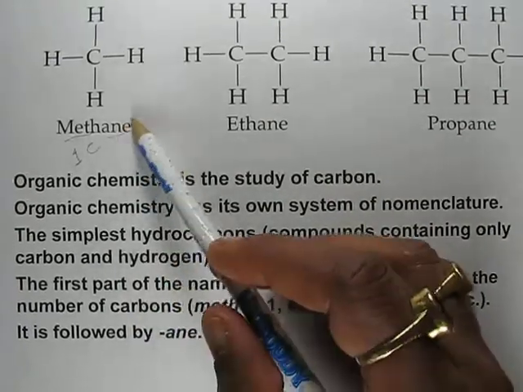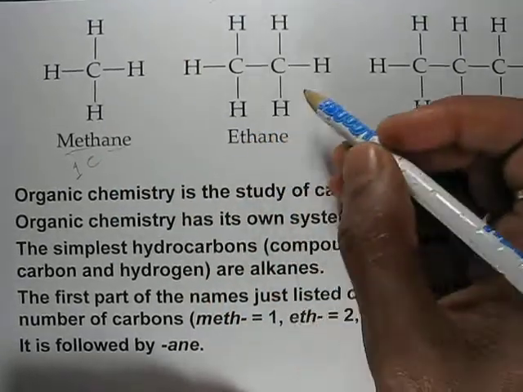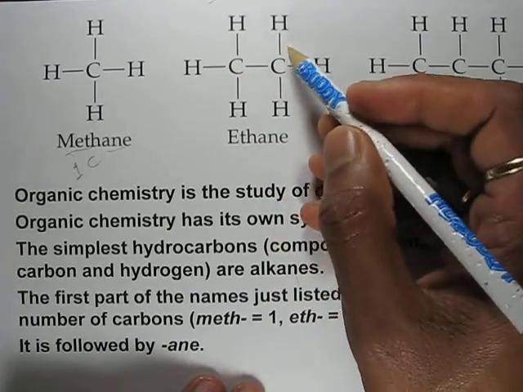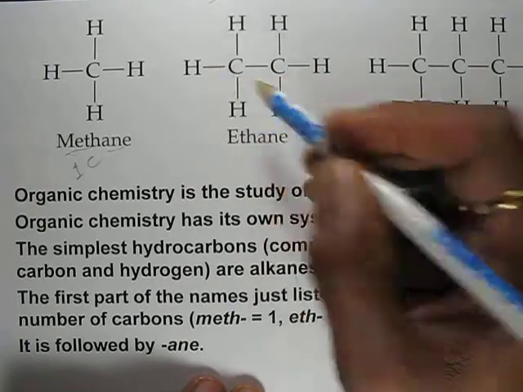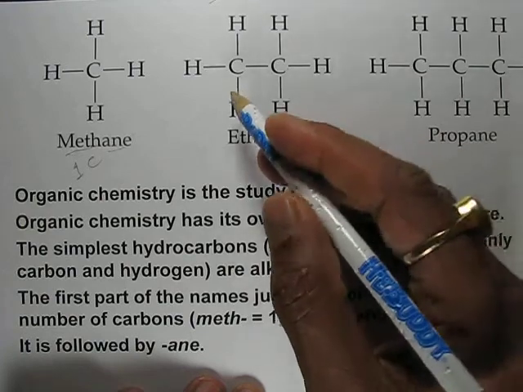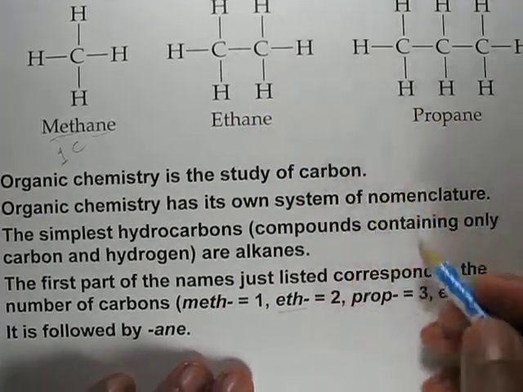For example, meth is 1. Meth means 1 carbon. Here you can see there are 2 carbons, and every carbon has 4 bonds: 1, 2, 3, 4, and this carbon also 1, 2, 3, 4. If there are 2 carbons, it is called eth. Eth means 2 carbons.